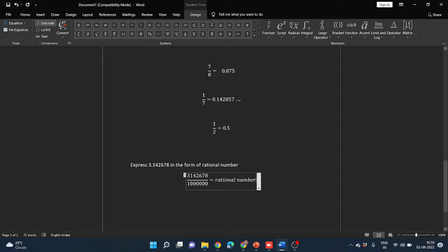Because in this case the number is in the form of p by q, where p and q both are integers.